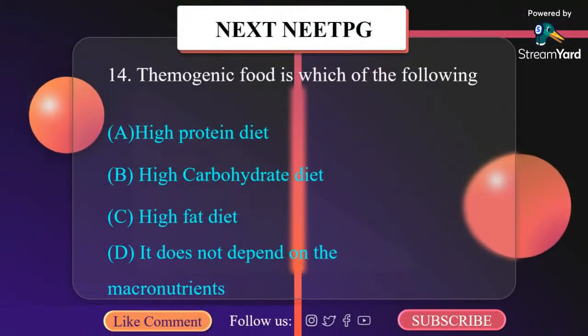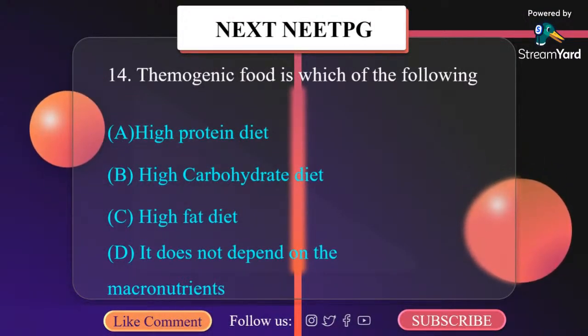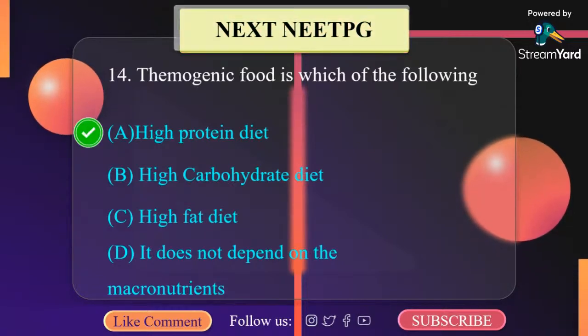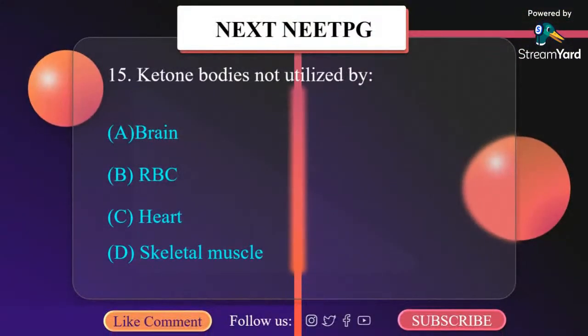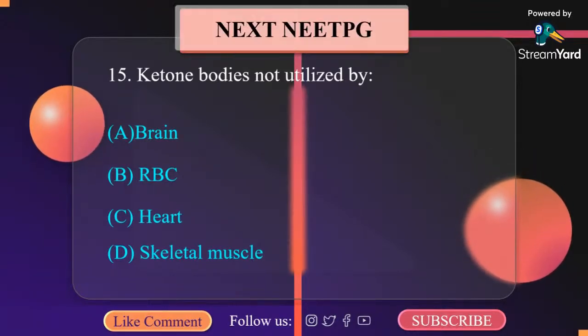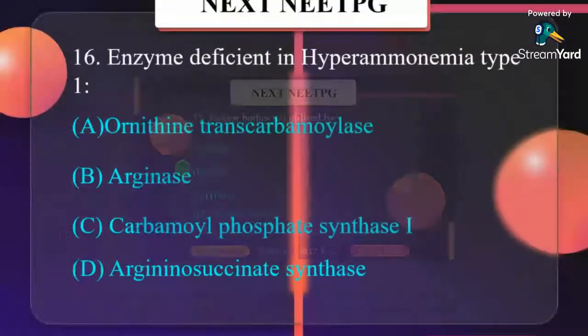Thermogenic food is which of the following? A. High protein diet, B. High carbohydrate diet, C. High fat diet. It is high protein diet. Ketone bodies are not utilized by A. Brain, B. RBC, C. Heart, D. Skin. So it is RBC.